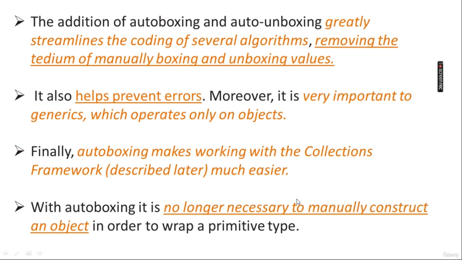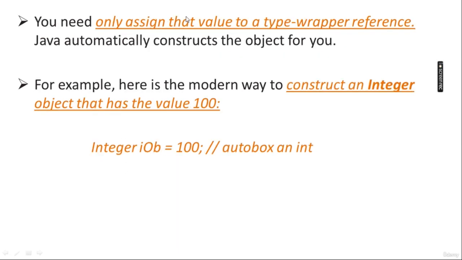Whatever value you need to box, to convert and put into the wrapper class, you only have to assign that particular value of int, float or double to a type wrapper reference, and whatever remaining task will be done automatically by Java.